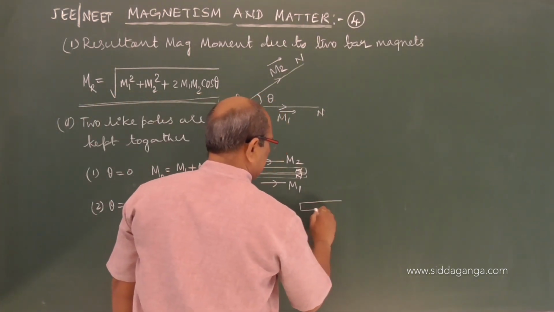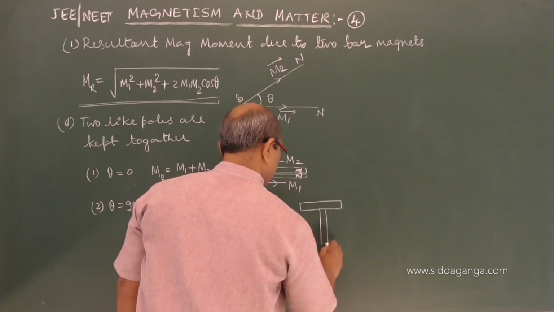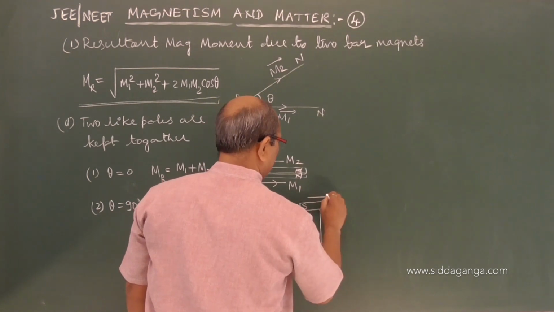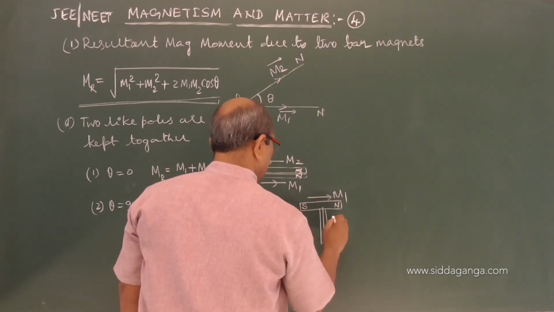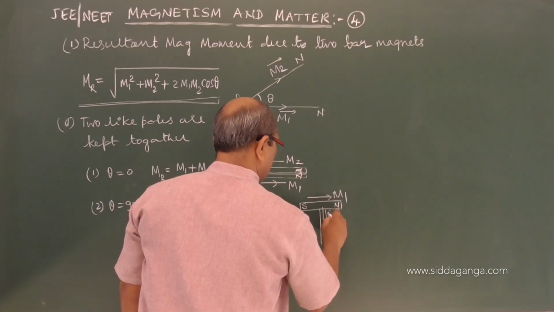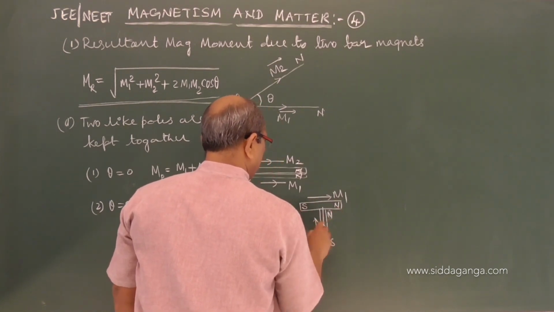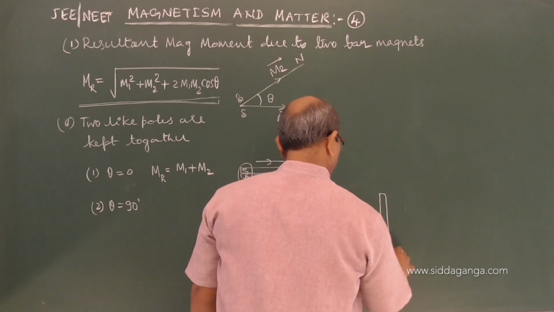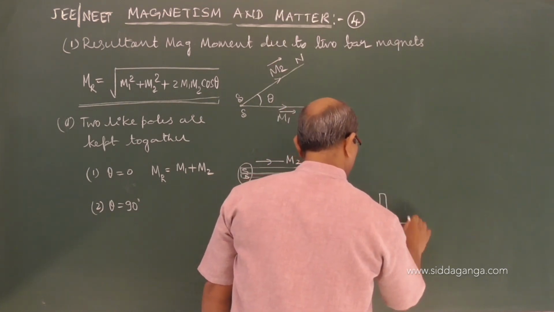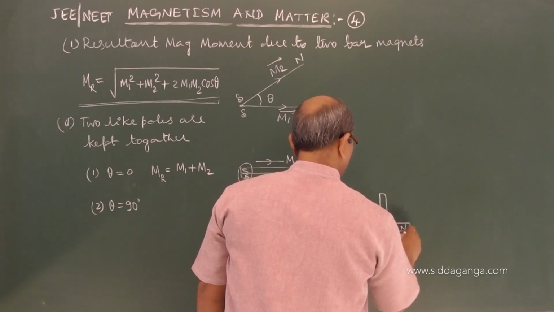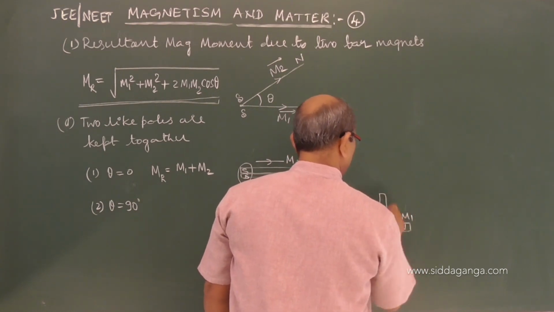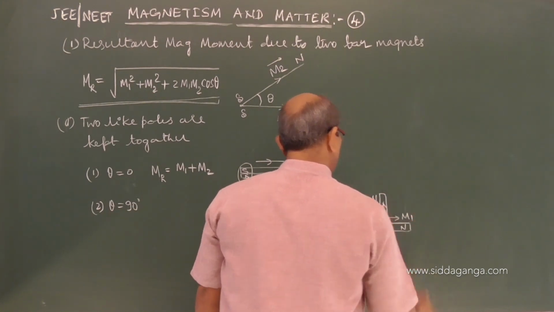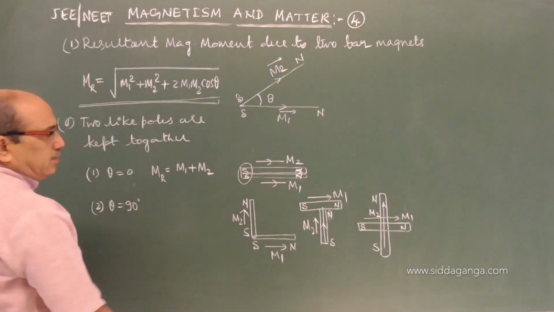Or it may be like this, so it is south and north as m1 and north and south as m2. Or the two may be placed like this: south, north as m1 and north, south as m2. In such cases, the angle is 90 degrees.